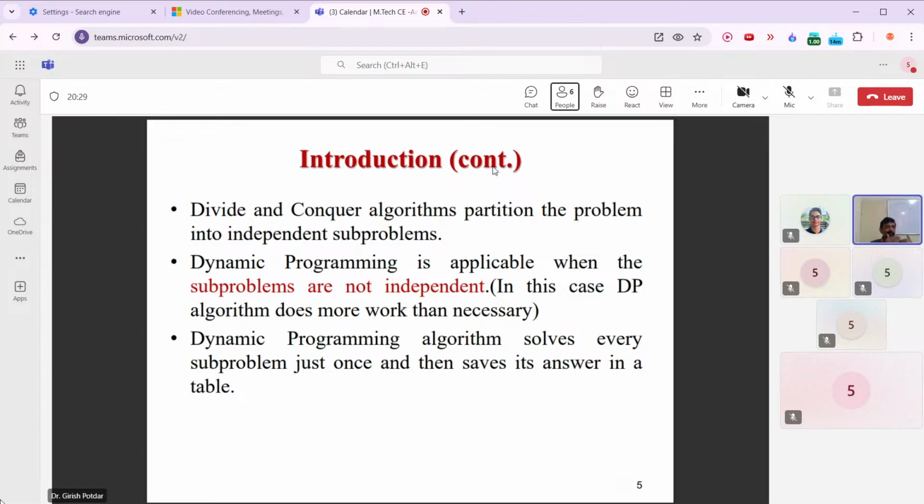Therefore, there may be something like overlapping, so dynamic programming does more work in that sense. It always solves every sub-problem just once and saves it in the table, unlike divide and conquer, which may do it twice. Backtracking solves it multiple times as the tree explores. So that also is going to have an impact on this.